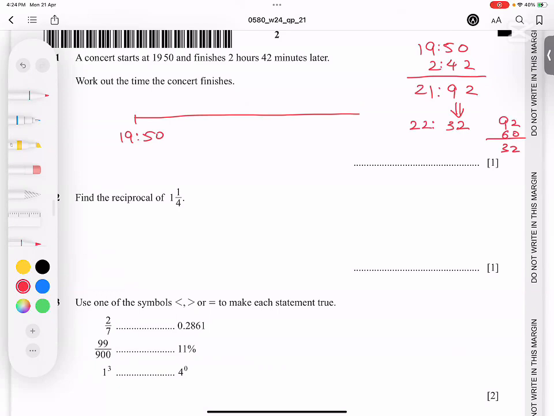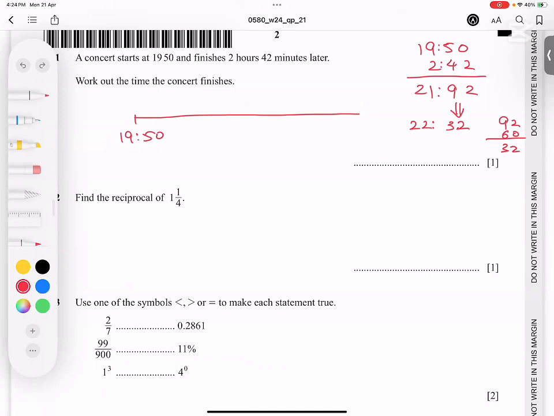We can use a calculator also to solve this question. Okay, and he said find out the time. Or I can find it another way. If I add 1950 and 2 hours 42 minutes, we can do this even without the number line.